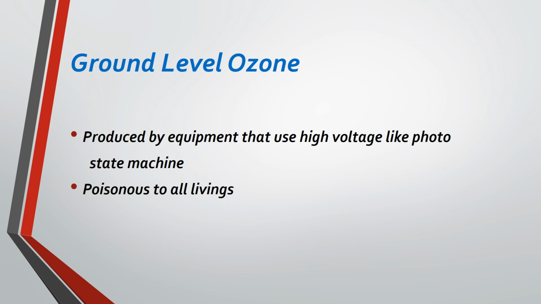It is produced by equipment that utilizes high voltage current, like photostat machines, etc. They produce ground level ozone, and you can smell it while standing near photostat machines. It is poisonous to all living organisms.